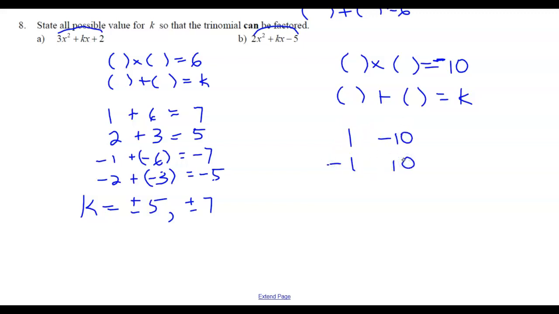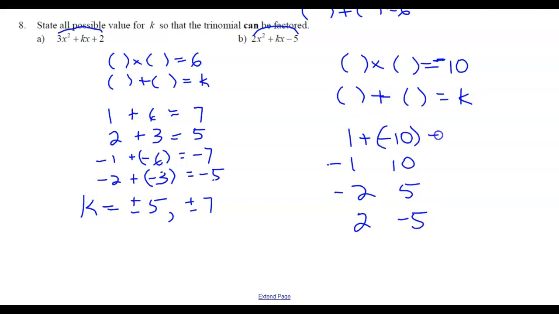Either one could be negative. Then we could have, what's another pair that works? Someone else share. Yep, good. Negative 2 and positive 5, and then positive 2 and negative 5. No other choices.